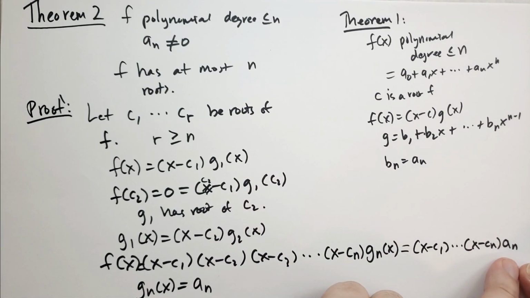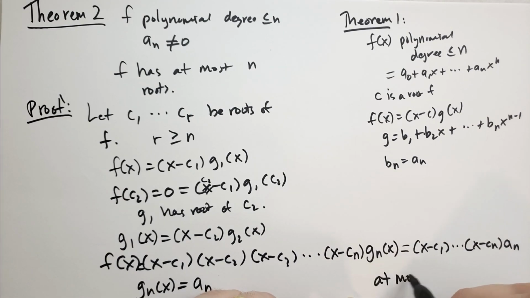And a n is not 0. So this is all the roots that we can possibly pull out. So at most, r must be equal to n. So we can only have n roots of a polynomial function that's degree less than or equal to n, where the last term is not 0.